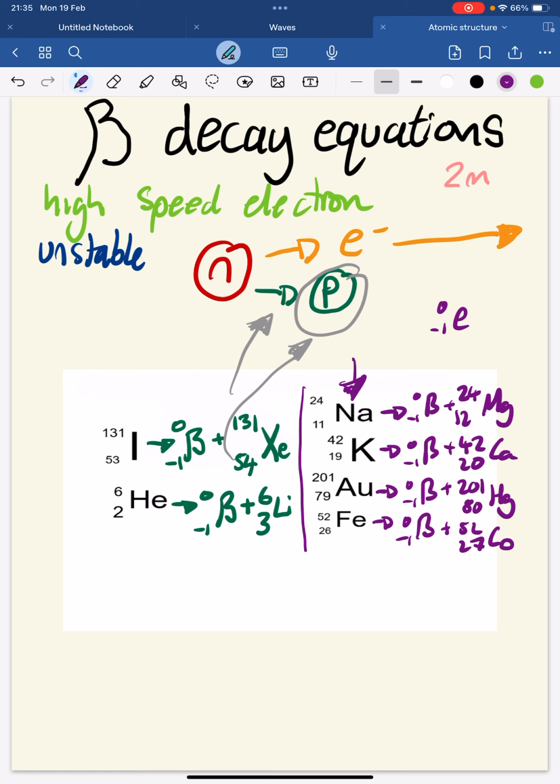So the way to remember this is that when we have beta decay, for the element that it gets turned into, we just look at our periodic table and we go ahead one. We move one element to the right because we increase our proton number by 1. So what we need to remember really for beta decay is that the atomic mass stays the same.